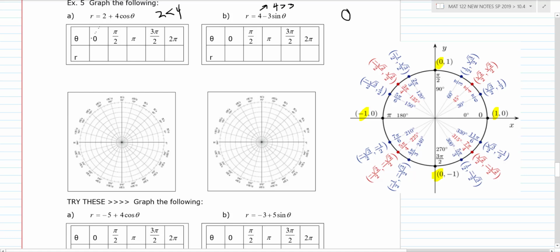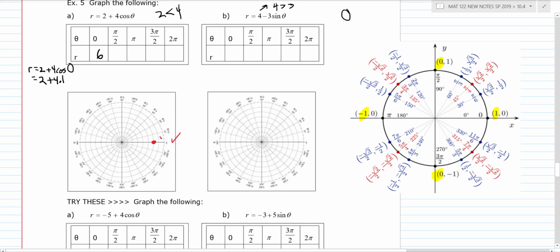So if we had cosine of 0, we'll start with r equals 2 plus 4 cosine of 0. Cosine of 0 is 1, so 2 plus 4 times 1 would end up giving 6. So that first point is going to be at 0 and then out 1, 2, 3, 4, 5, 6.